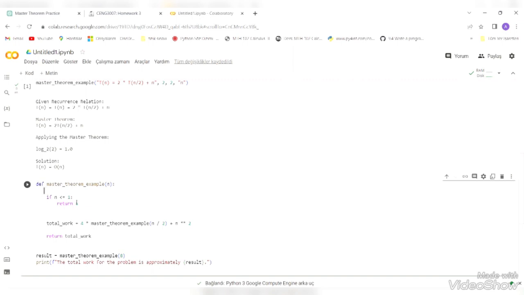We then test this function with a specific input n equals 8 to see how much total work is required for a problem of that size. The result will give us an idea of the total work needed to solve a problem of size 8 using this recursive algorithm.